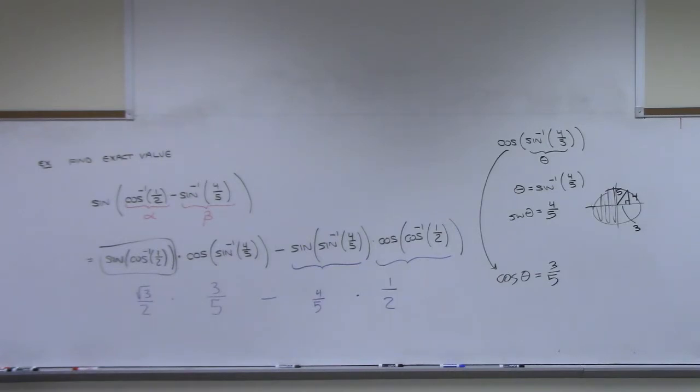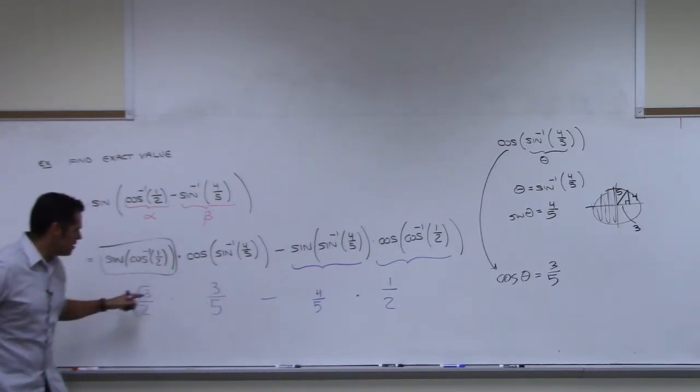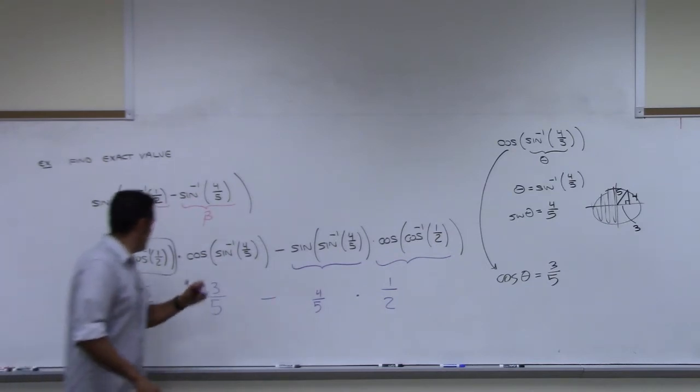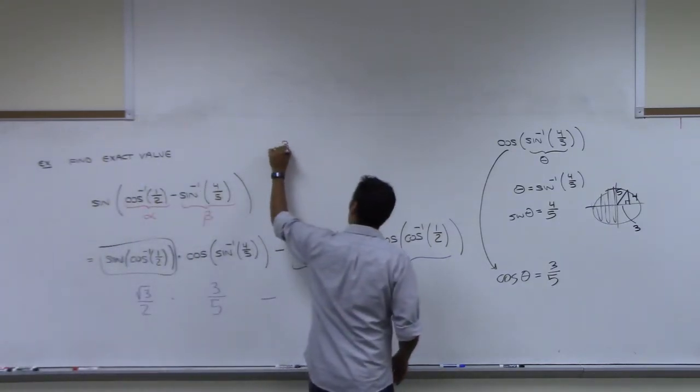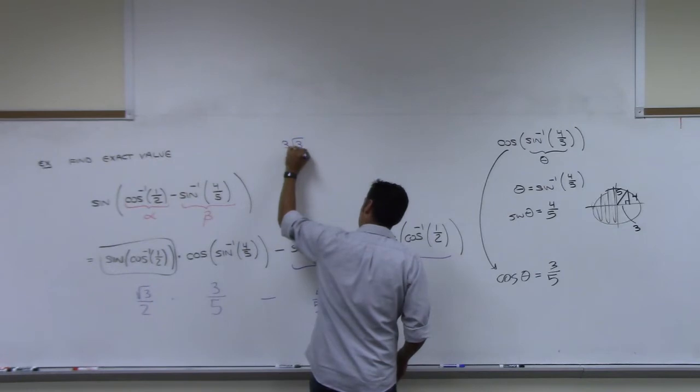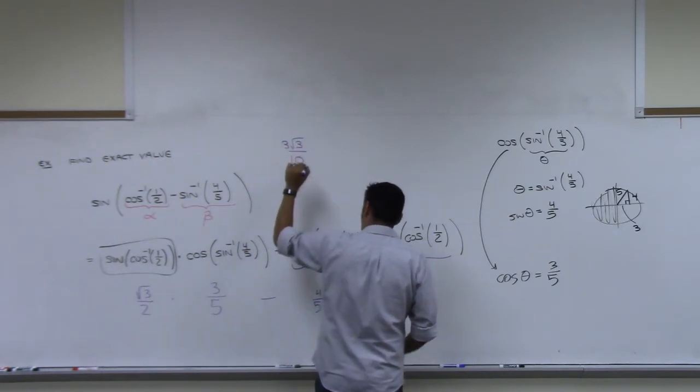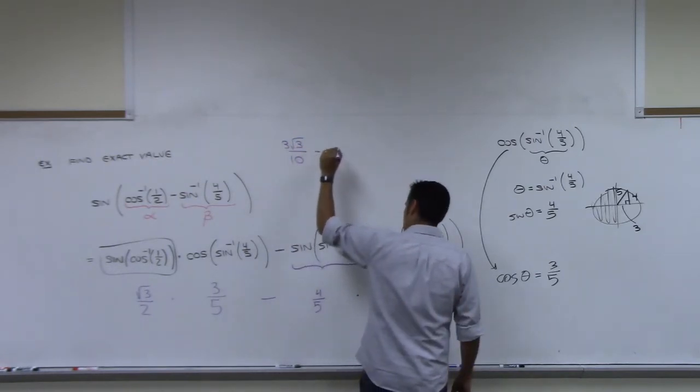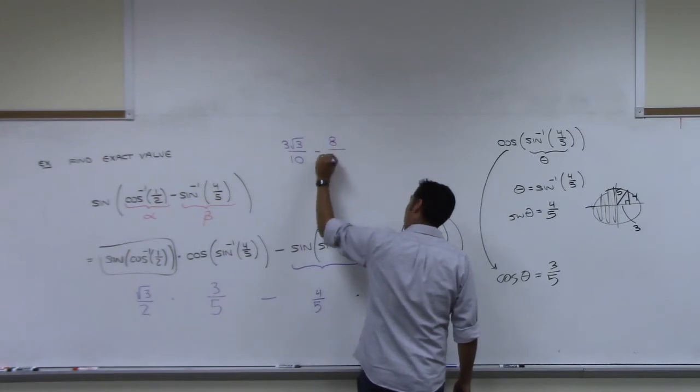Oh, wow. We've got common denominators. Yeah. Good. It normally works out that way, okay? So this one's going to be right across the top because I'm multiplying. 3 root 3 over 10. And then I have minus 8 over 10.